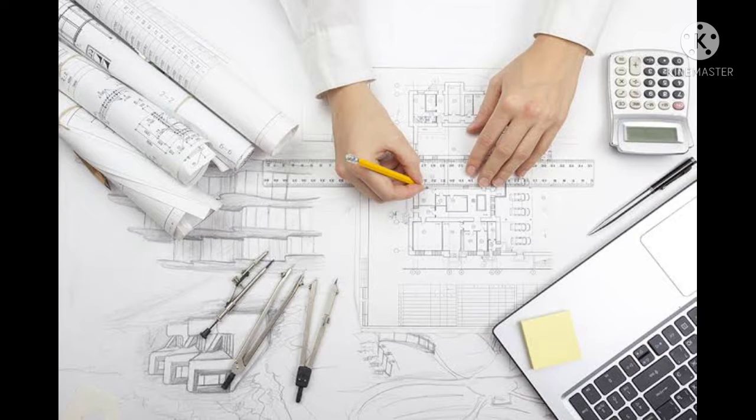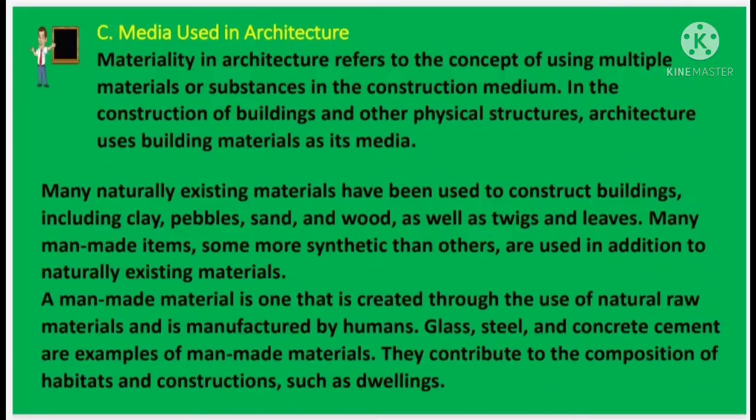Okay? We have media used in architecture. Materiality in architecture is the concept of or applied use of various materials or substances in the medium of building. Architecture uses building materials as its media in the construction of buildings and other physical structures.